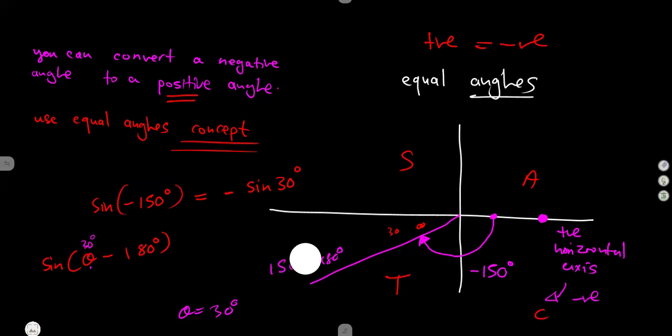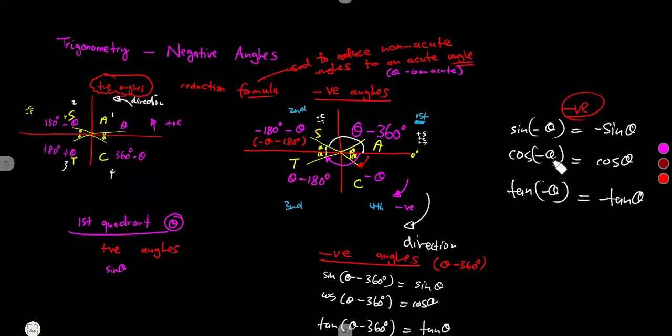Remember from your reduction, I'm going to go back to my diagram. Don't worry. Let's go to our reduction. Sine of theta minus 180 is the same thing as sine of theta plus 180 in the third quadrant. Sine there is negative. This is the quadrant of tan.